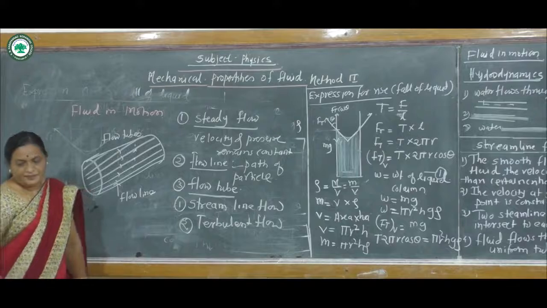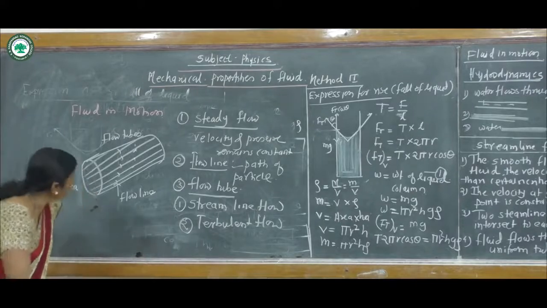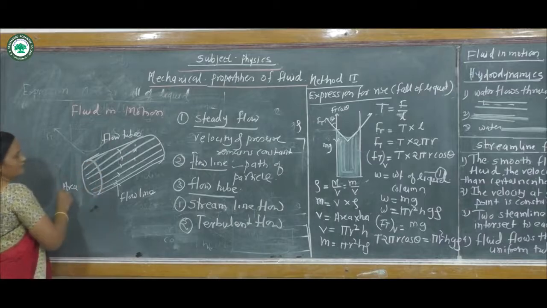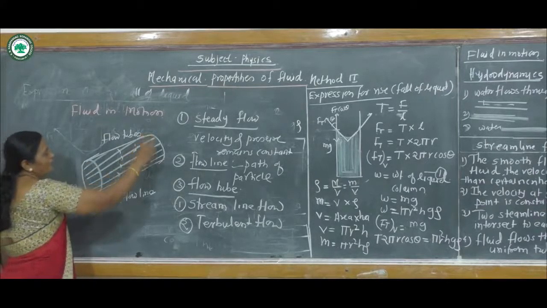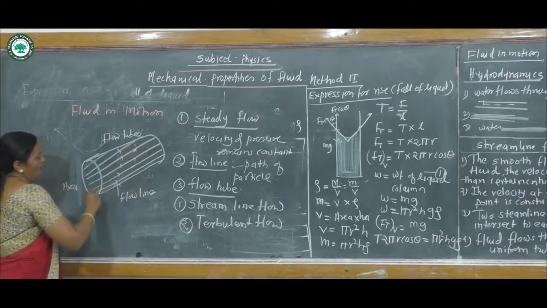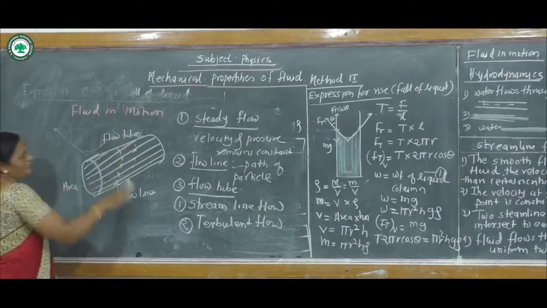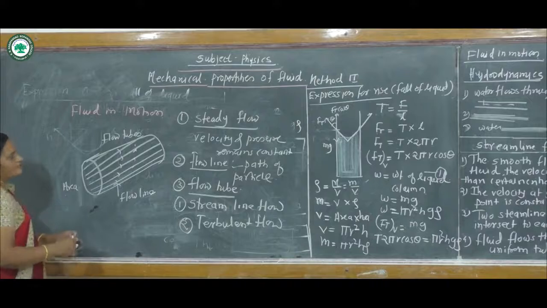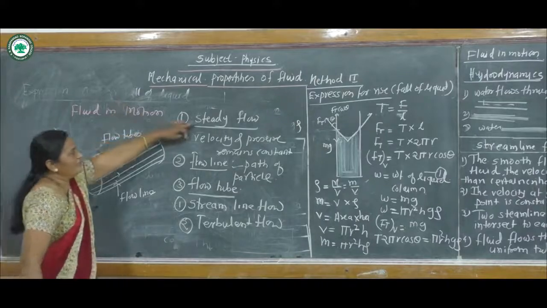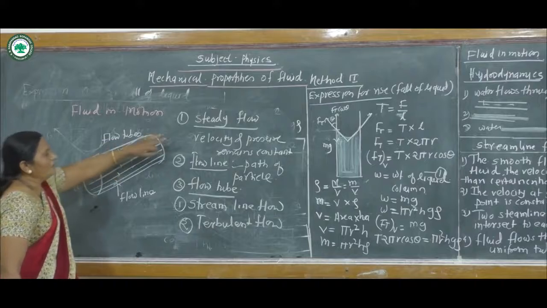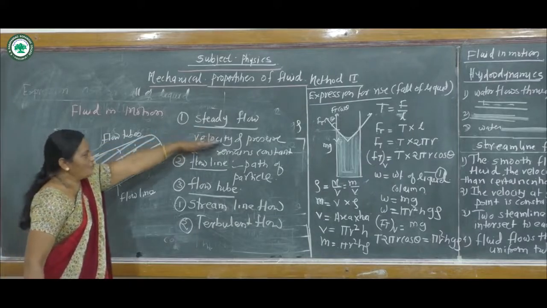Here we consider a tube that has a large cross-sectional area here and a small cross-sectional area here. Now these are the flow lines, and this tube is called a flow tube. Now we see some definitions. Steady flow: the velocity and pressure remain constant.